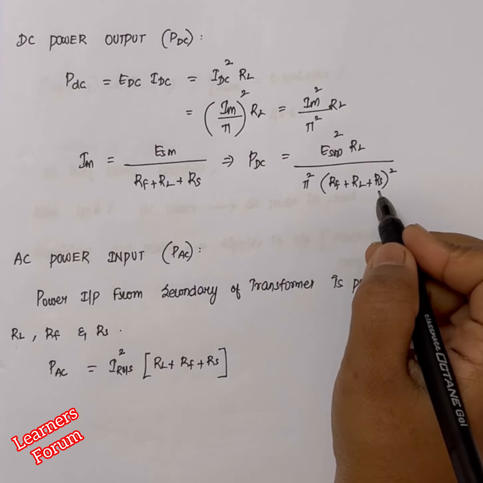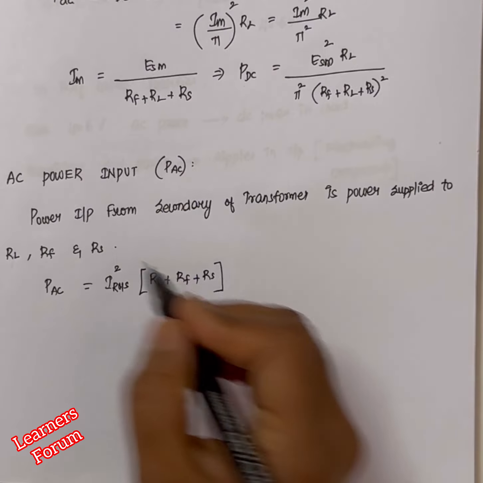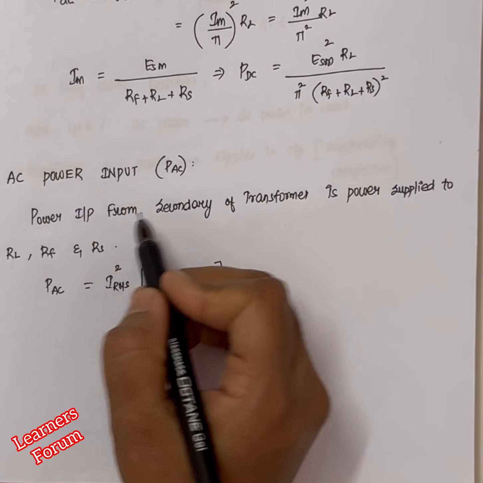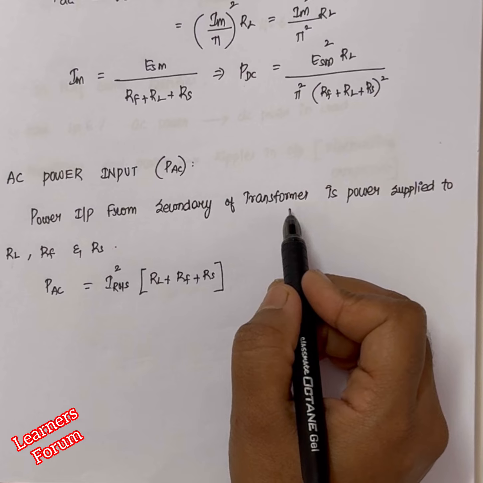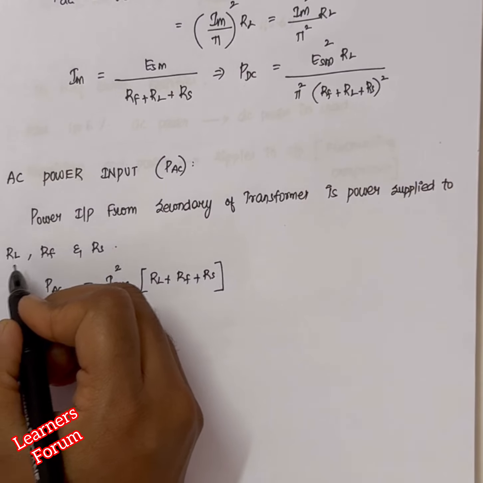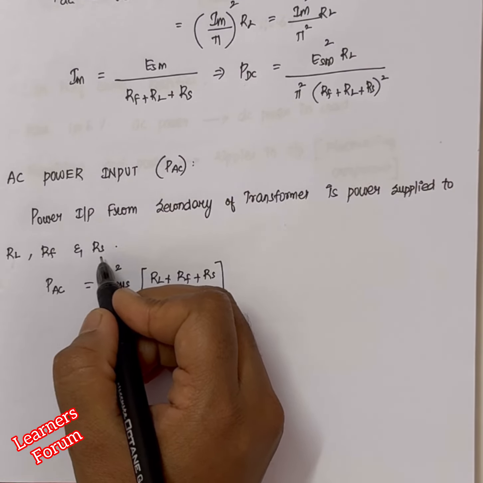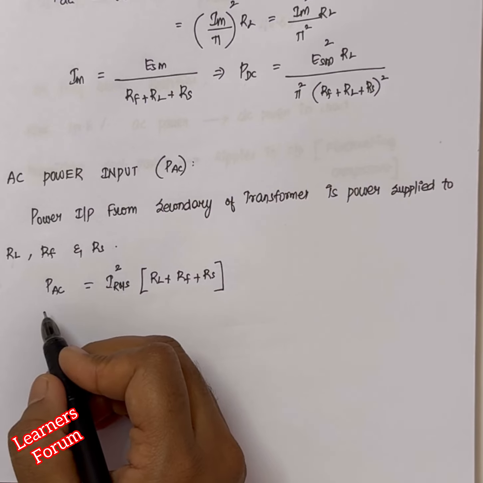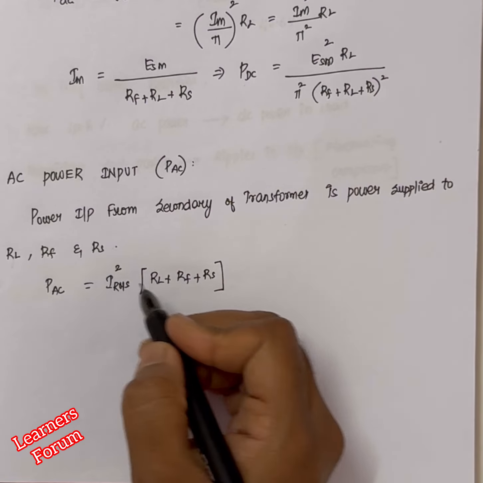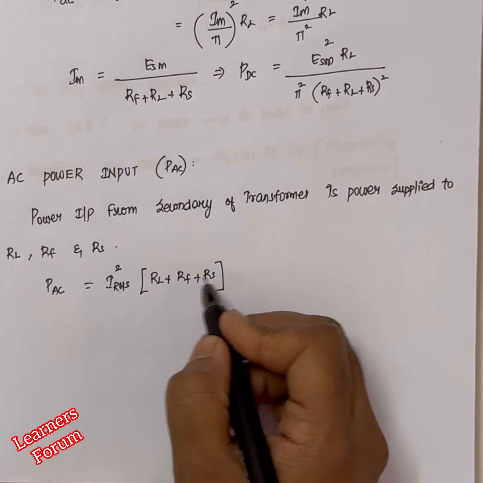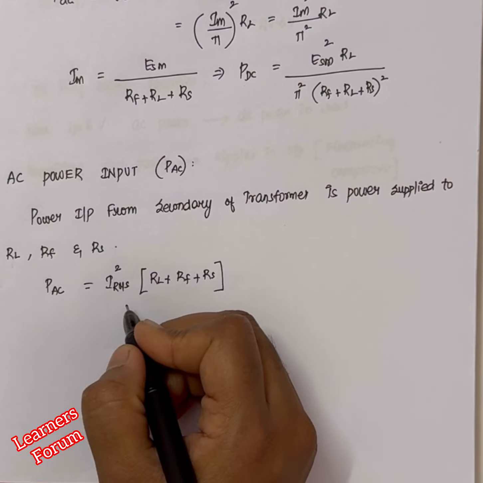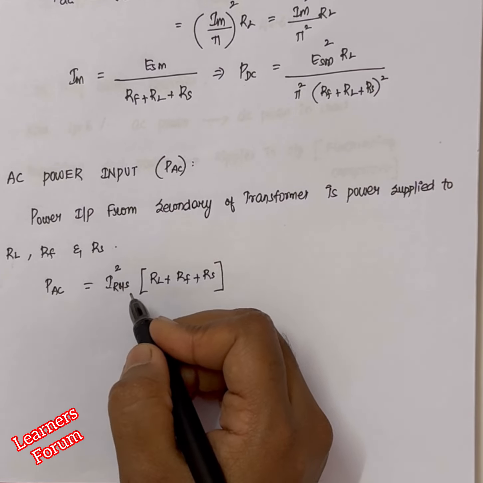Likewise, we can calculate the AC power input also. The AC power input is nothing but the power input from the secondary of the transformer, which is applied to load resistance, forward resistance and source resistance. So PAC will be equal to IRMS square into (RL plus RF plus RS). We know the value of IRMS, which we calculated just now.